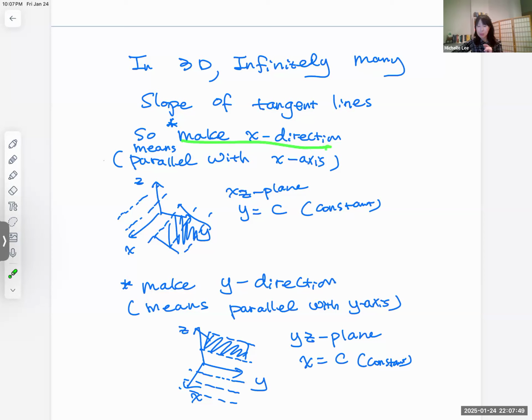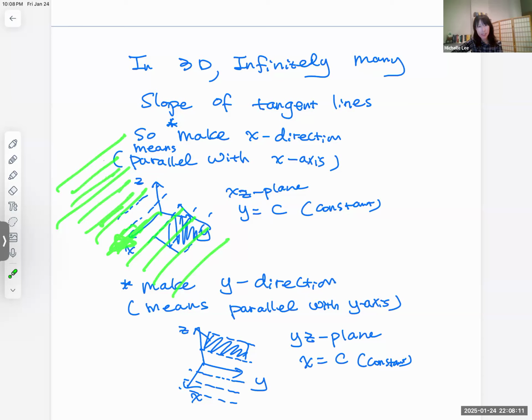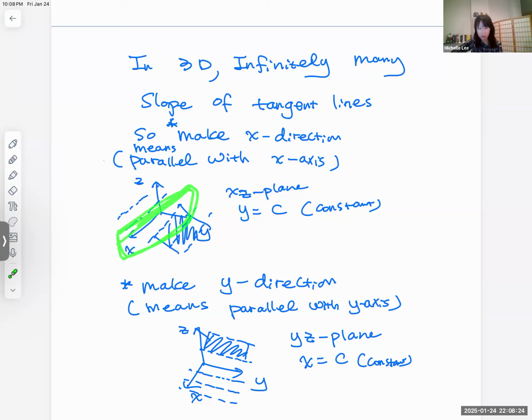Making the x direction means parallel with the x-axis. Yeah, this is the x direction. How about looking at here? X direction, right? So parallel to the x-axis. Okay. Then we say that this is the xz plane. Yeah, the xz plane. Then y equals a constant. So we can say that this is y equal to 0.